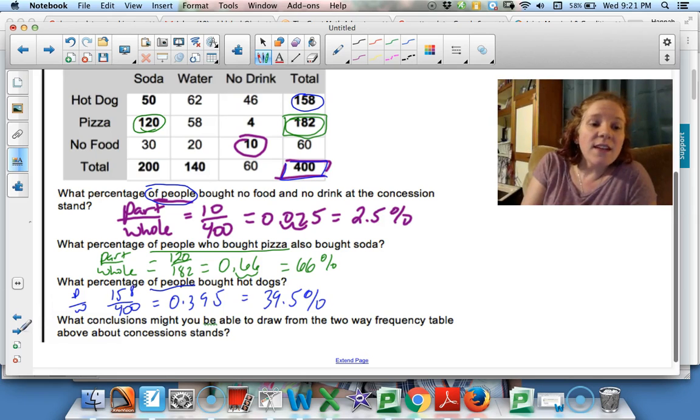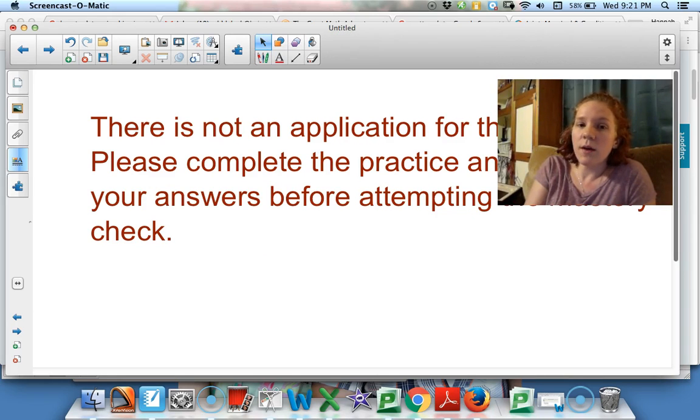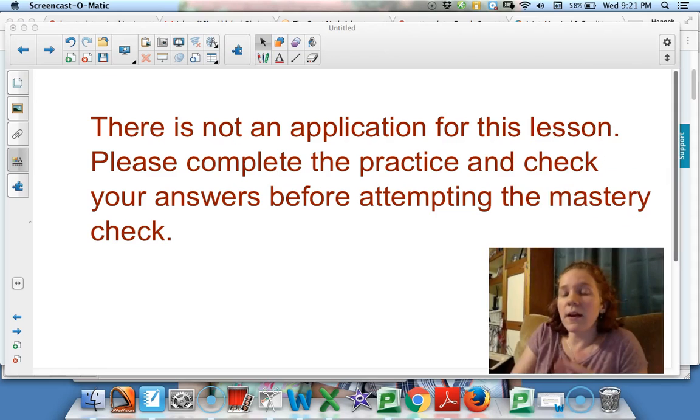So there is not an application for this lesson. You do have quite a lot of practice, and I do recommend that you do close to all of it, because really we can ask questions in a lot of different ways, and it's easy to get tripped up and you think that you completely understand it, and really there's little nuances that you can only fix through practice.